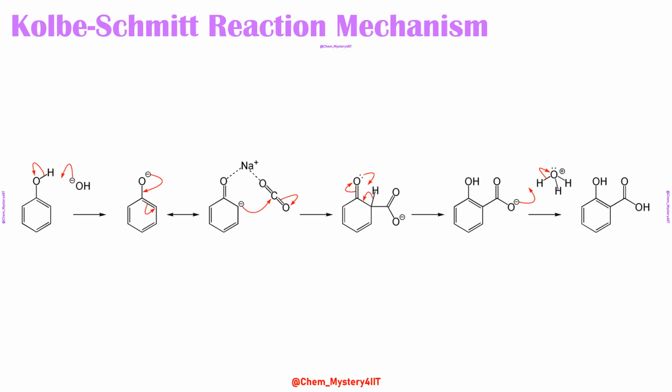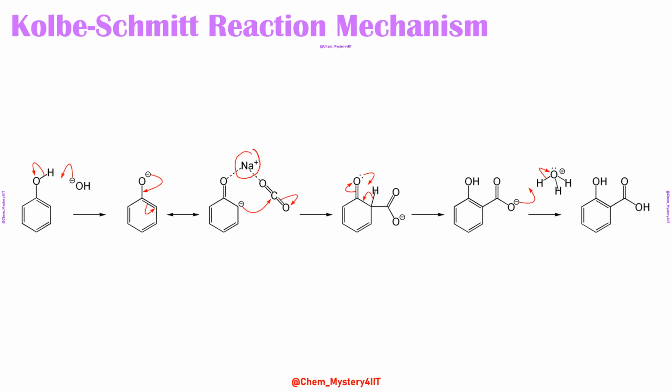Here we need to elaborate one point, that when we are using sodium hydroxide, this is actually getting coordinated over here with this oxygen of the phenolic O minus. And this sodium ion is helping this carbon dioxide molecule get coordinated so that the ortho position of the phenolic carbon can attack onto this carbon of the carbon dioxide much more easily.